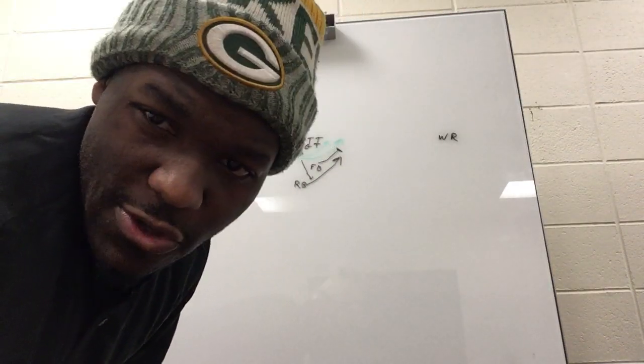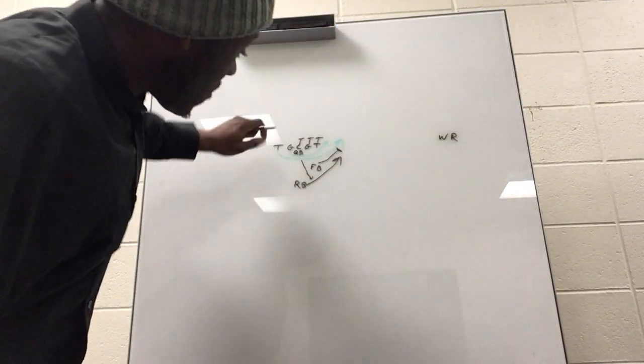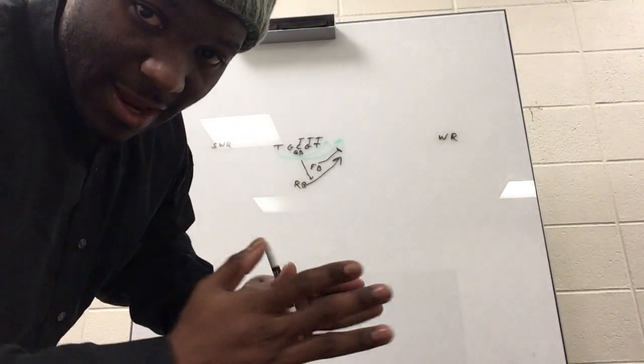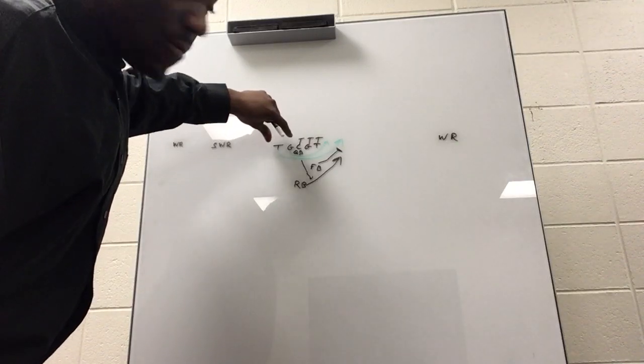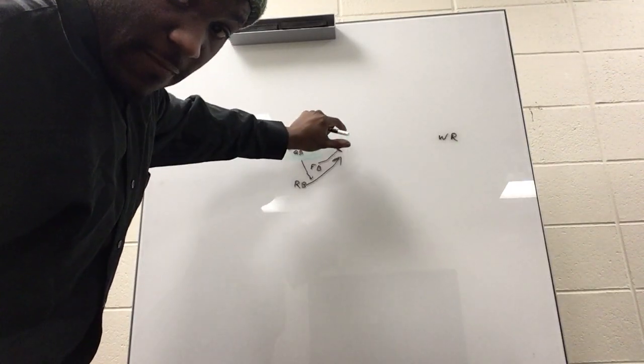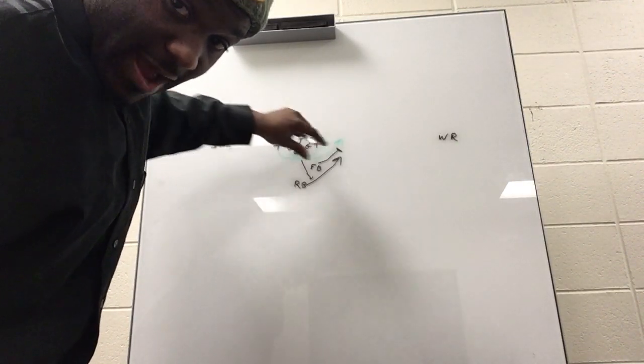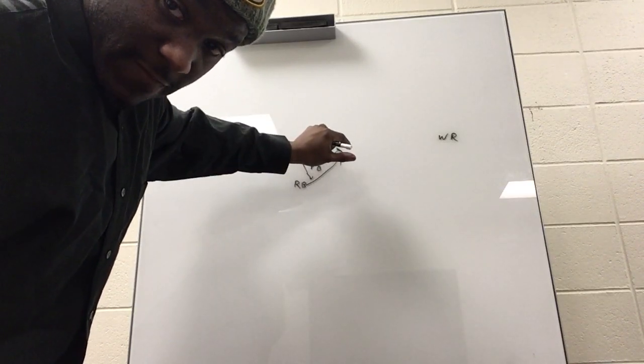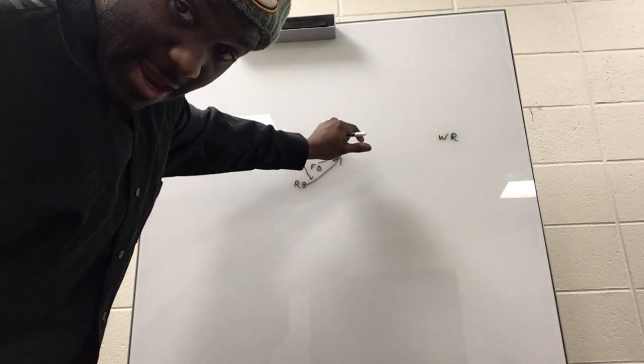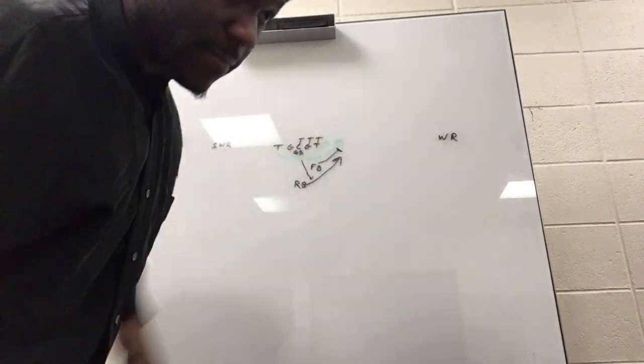So essentially, I wouldn't call it a misdirection, but it's surveying the field and making the defense think that your offensive linemen are all just blocking downhill, and then you just pull the offensive players from the opposite side that are designed to block, and you have them block in the direction that the play is actually going. And sometimes it could catch the defense off guard, and let me tell you something.